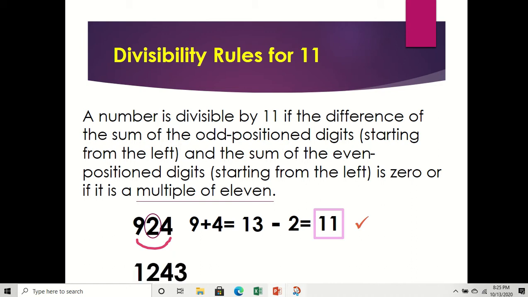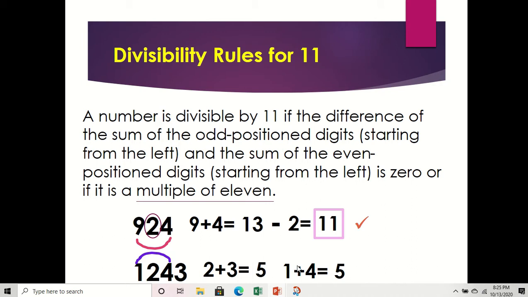Another example is 1,243. So this time, we're going to add 2 plus 3 equals 5. Ito yon. And the other one is 1 plus 4 equals 5.